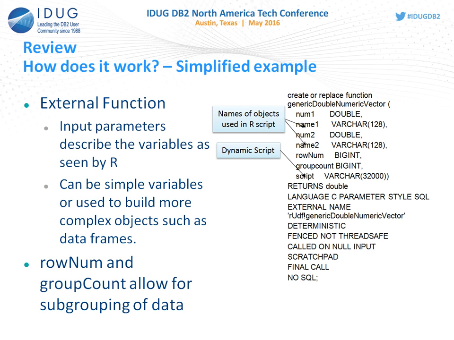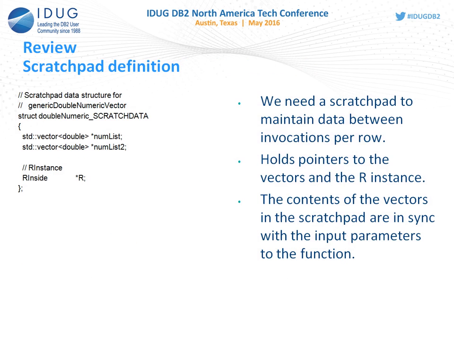I'm going to say it's not thread safe so that if I'm running concurrent SQL with R UDFs, they are not going to interfere with one another, so they're all running in their own DB2 fenced process. We need a Scratchpad, we need a final call, and this does not actually involve SQL at all internally to R. So as a Scratchpad, we have to store, of course, our numeric vectors in our R instance, so a very simple Scratchpad definition.